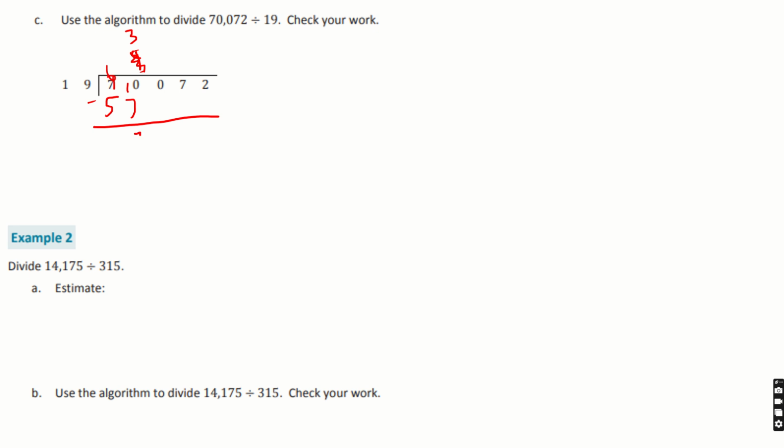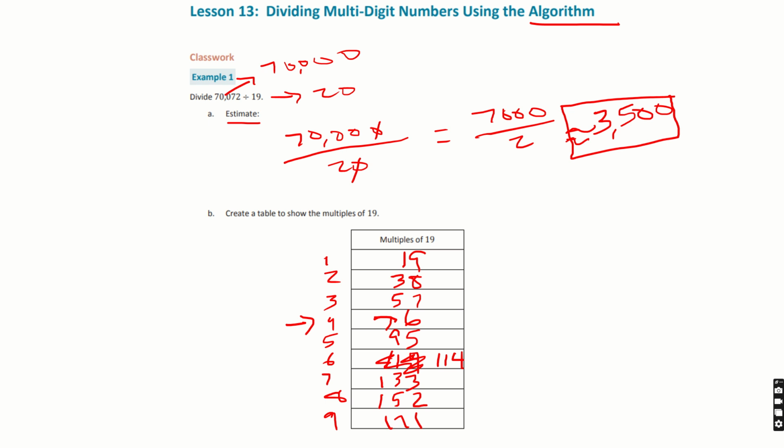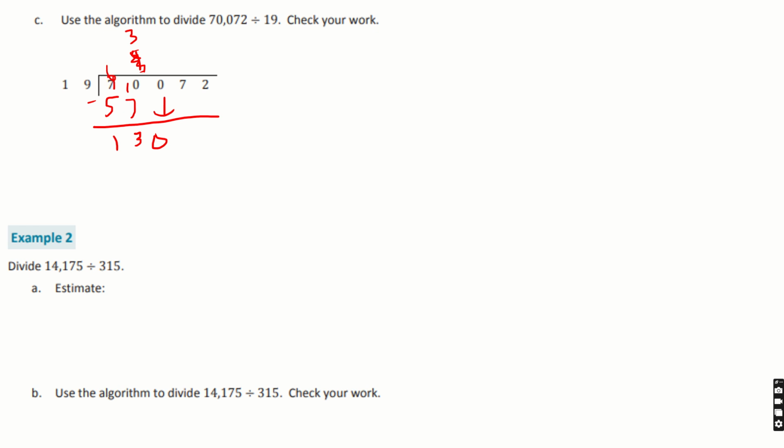10 minus 7 is 3. 6 minus 5 is 1. Carry down the 0. And we're now looking for something going into 130. And the closest one without going over is the number 6. 7 is 133, and that's just a hair too big, so 6 is 114. So we're going to go into it 6 times, which we said is 114.